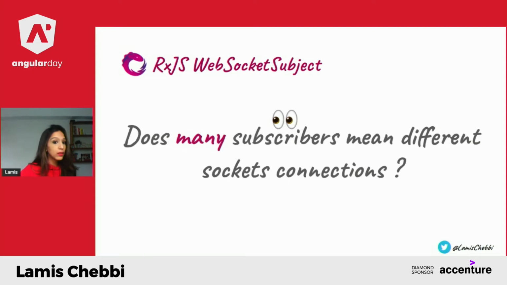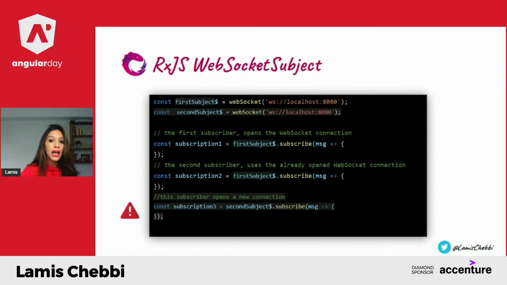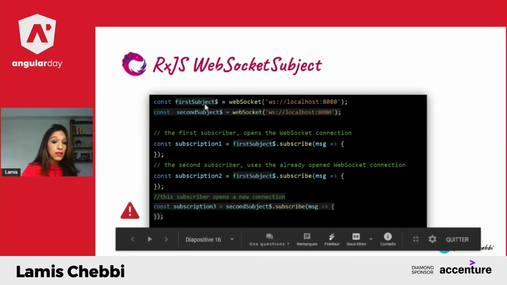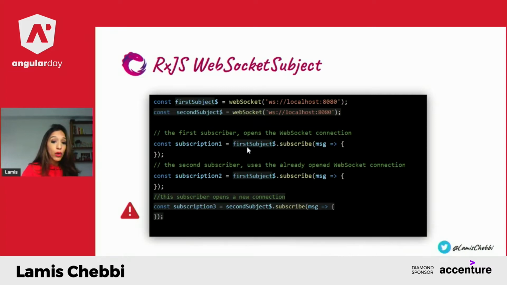So here I will explain this by code. I have two instances of the RxJS WebSocket subject, but pointing to the same URL. Here I have the first instance and here the second one. I will subscribe to the first instance, so the system will automatically open a WebSocket connection.